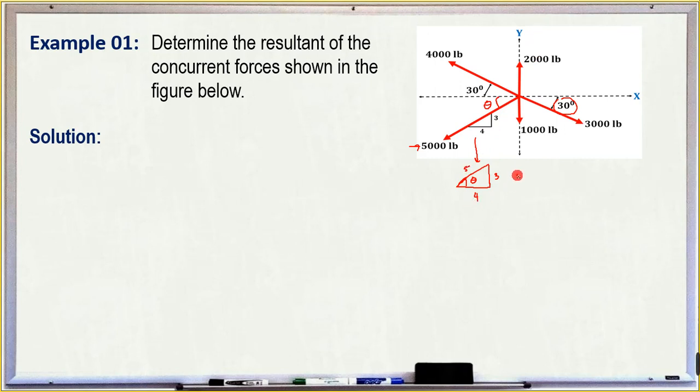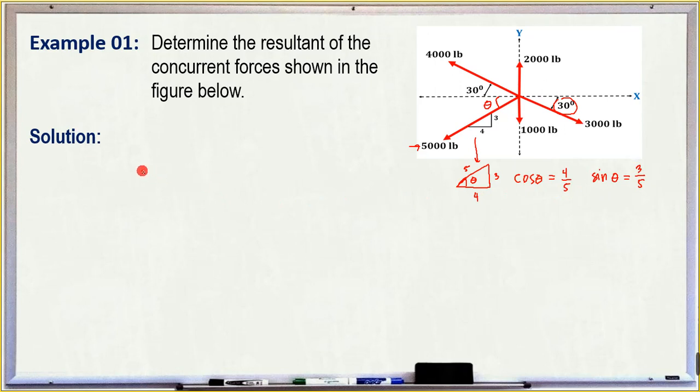Now we can write the values for our trigonometric identities here that we can use in solving the components of the forces. So we have cosine of theta equals 4/5. We also have sine of theta equal to 3/5. We can use that later.